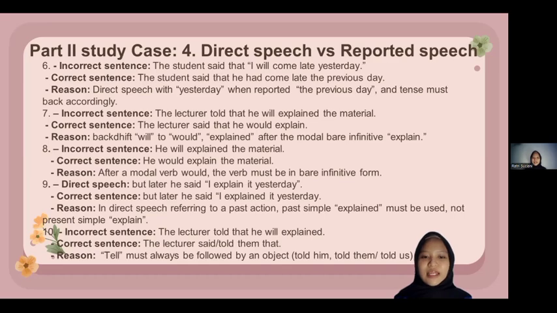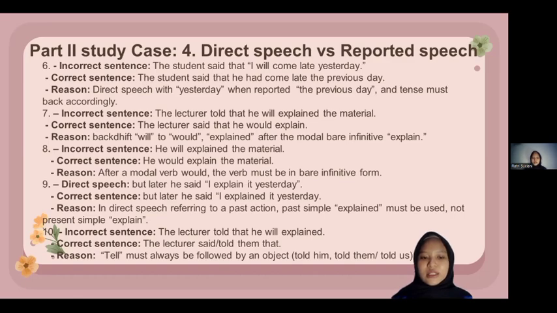Number 7, the lecturer told that he will explain the material. The correct sentence is: the lecturer said that he would explain, because in reported speech will changes to would, with the infinitive explain after the modal. Number 8 is: he would explained the material.